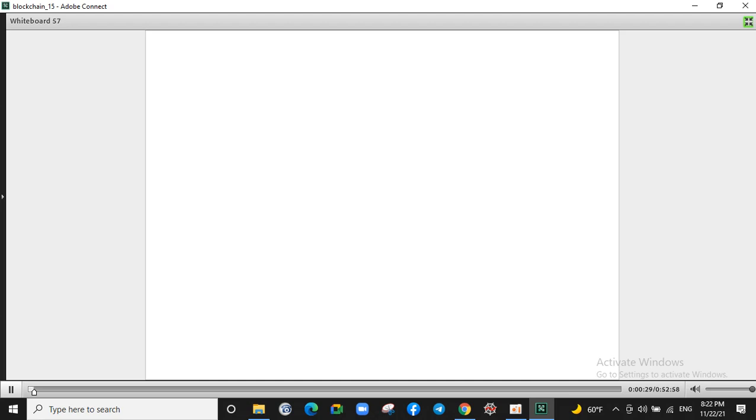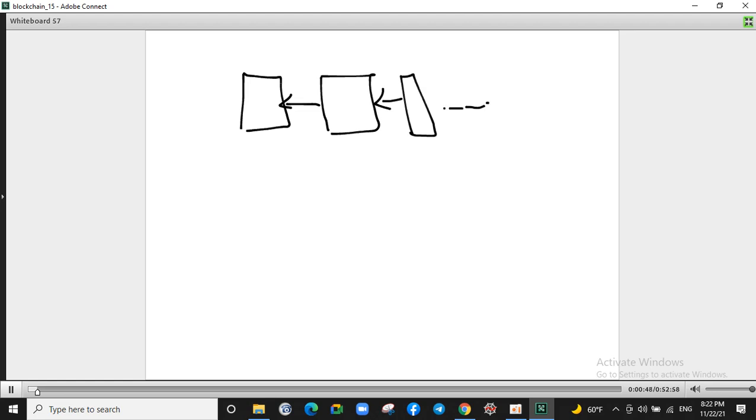As you know, blockchain consists of some blocks, something like this. This is the first block, which is called Genesis block. Then the second block, the third, and this chain will be continued.